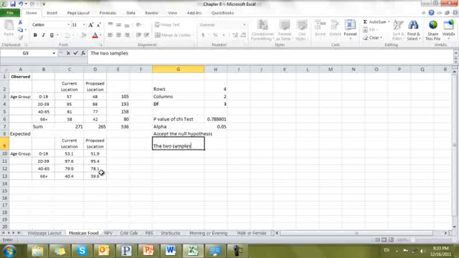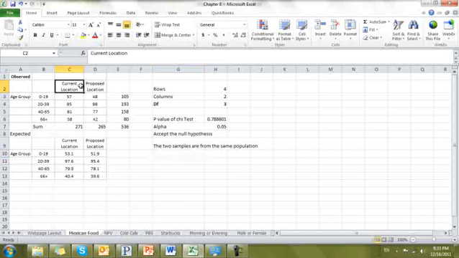The two samples are from the same population. And in this case, what we're looking at is two possible locations, the current and the proposed.